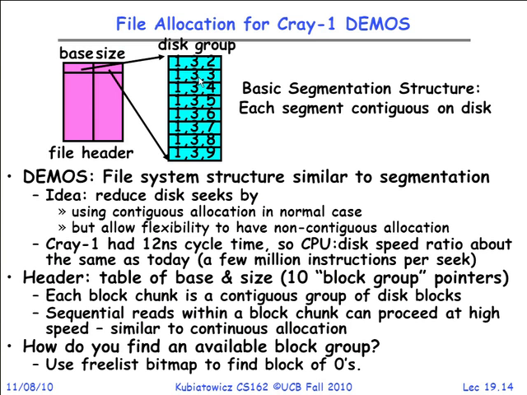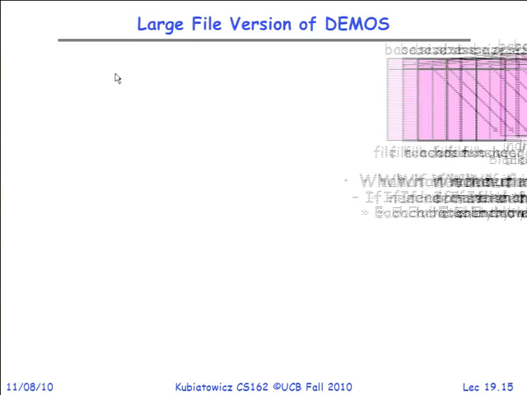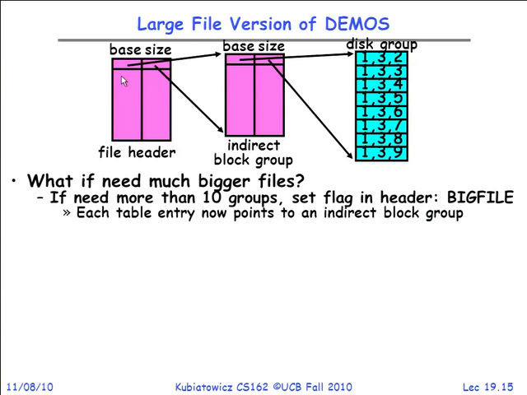Well, one thing we could do is put indirect blocks back into this. Here's the large file version of Demos, where a file header has a base and size pointing to an indirect block, which has a base and size pointing and so on.